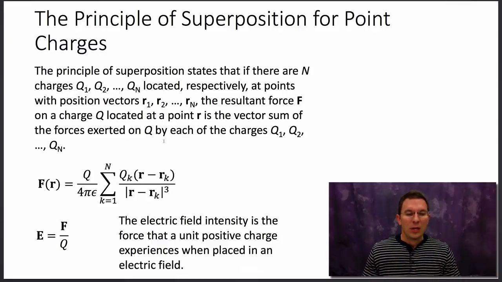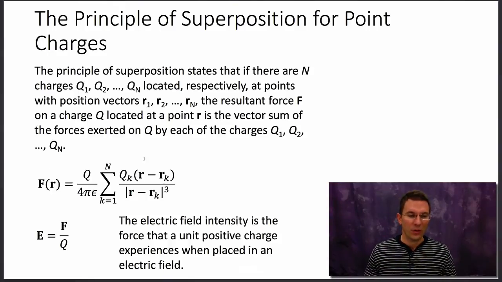At this stage, we have a way to notionally define what the electric field means. So if this is the force that a charge Q feels due to all the other charges around it, then if we simply divide that force by the charge itself, we arrive at the electric field.